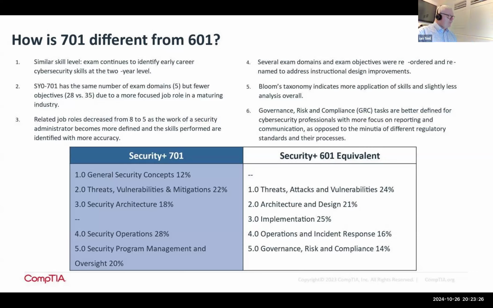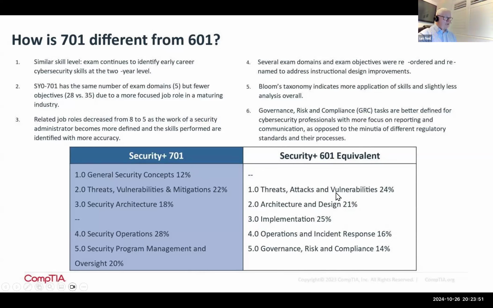Now, what's happened here, you've got the Security Plus 601 equivalent: threats, attacks, vulnerabilities, architecture, design, implementation, operations and incident response, and governance, risk, and compliance. Well, in 701, they've changed some of the parts.